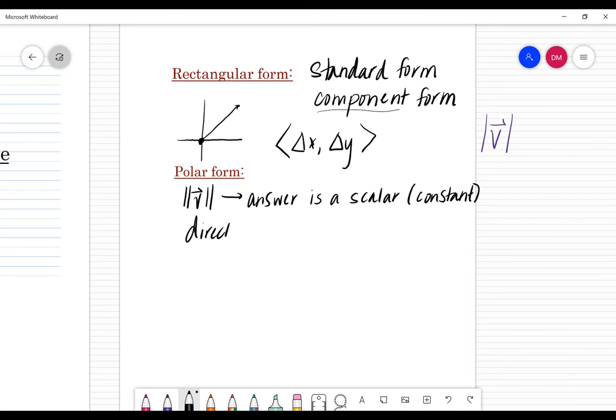So we are going to also use a direction angle. And that angle is basically our distance from our positive x-axis. The way in which we find that direction angle, we measure it using theta. This is another pre-calc concept that maybe you remember, but it is the arctan of y over x.